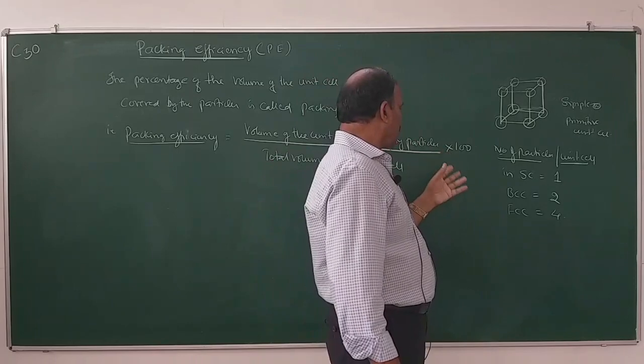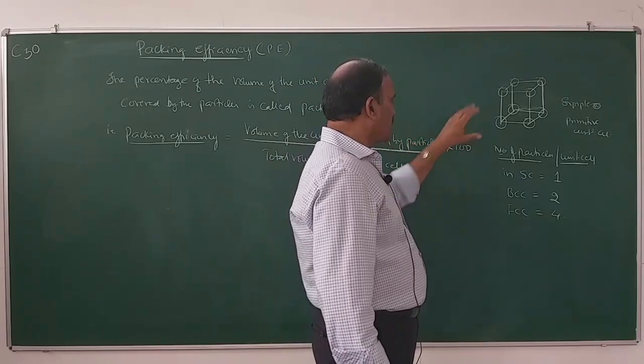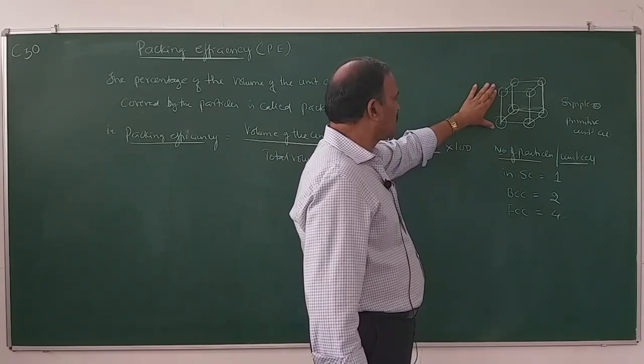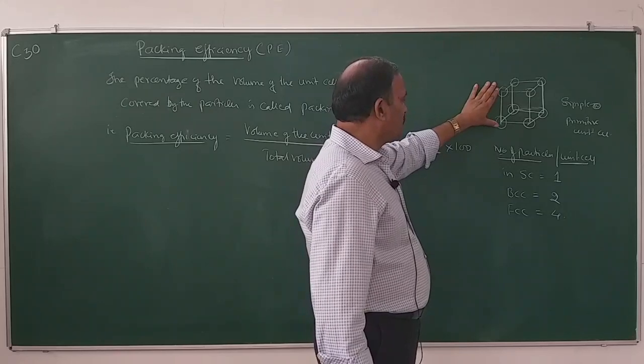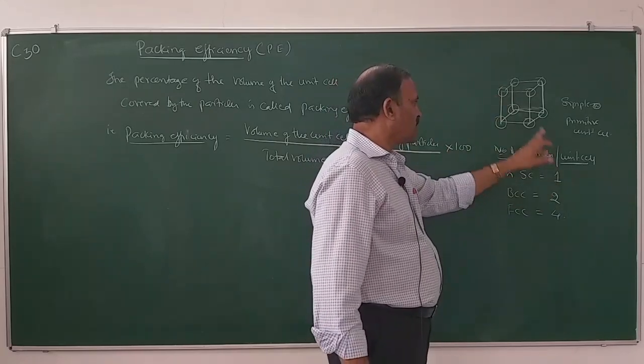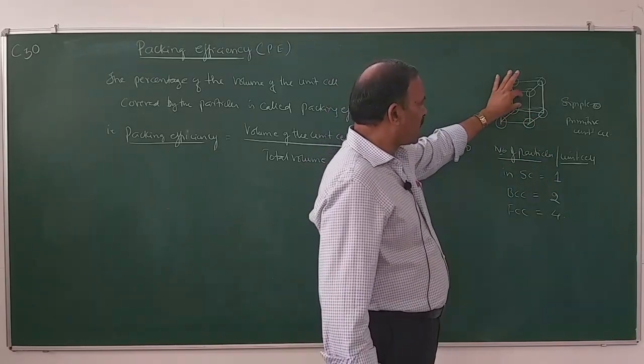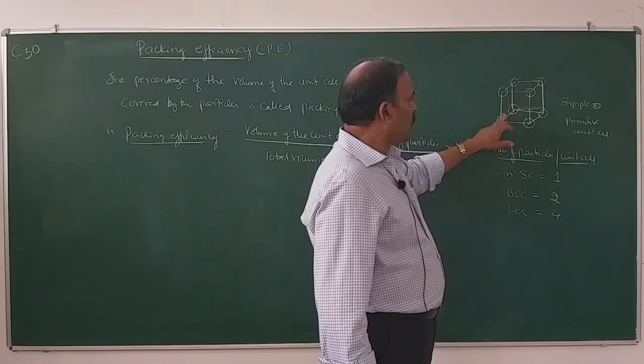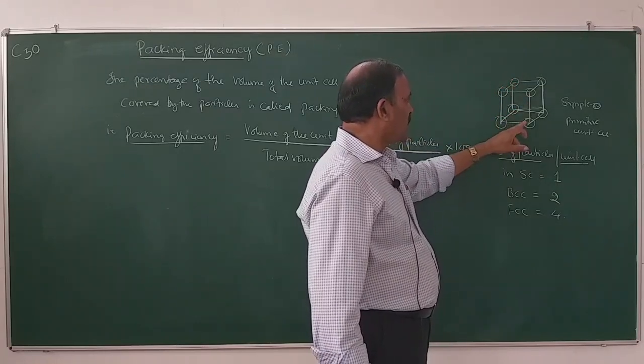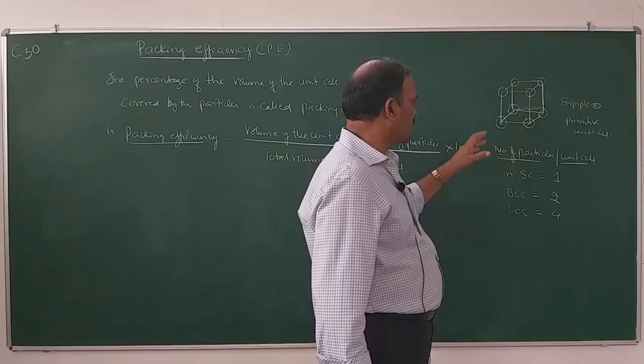We have different types of unit cells. This is a simple cubic unit cell. In simple cubic unit cell, the number of particles is equal to 1.